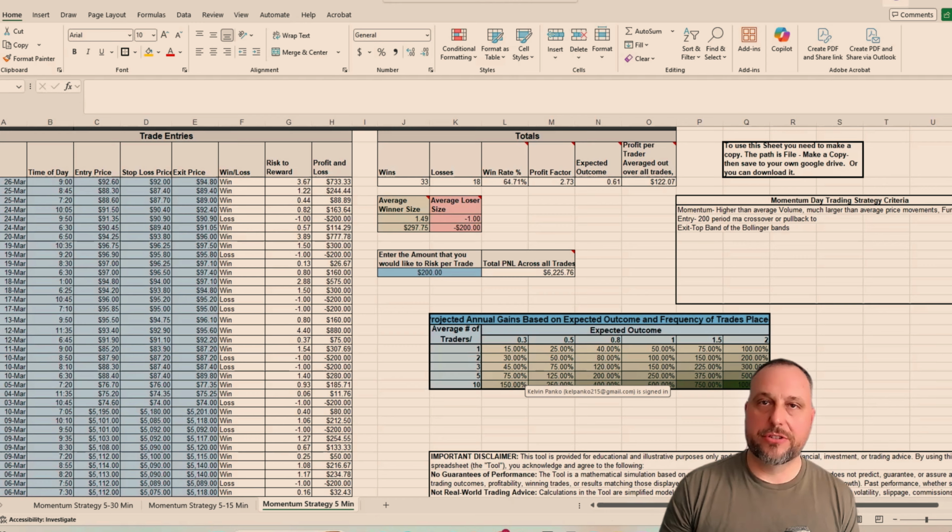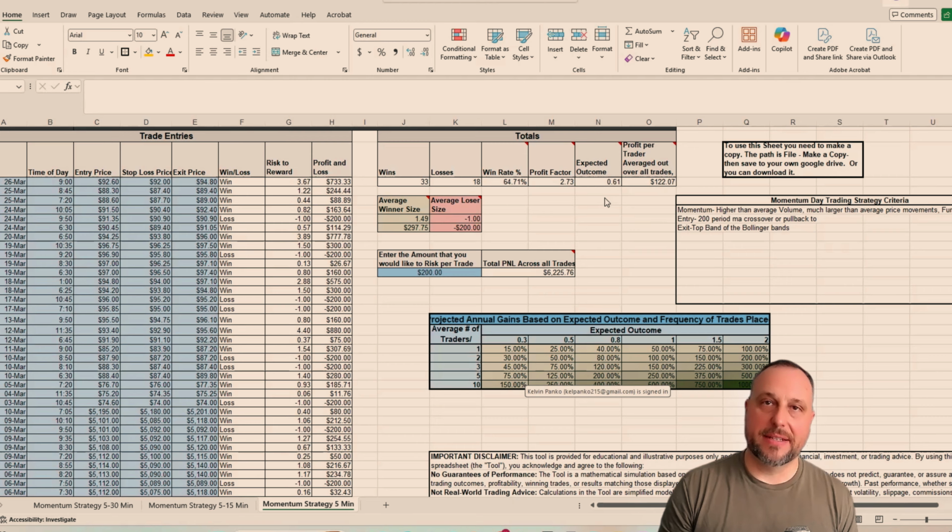There's a front month contract for MCL, and then, further out, there's other contracts. So it just kind of amalgamates them together. And when I did this was right at the end of March, and we were rolling over a contract. So it did kind of change some of the prices. So I went back and I redid all the numbers based on those changes. So you're going to see the win rate's a little different. The expected outcome actually came up a little bit because we ended up making more per trade.